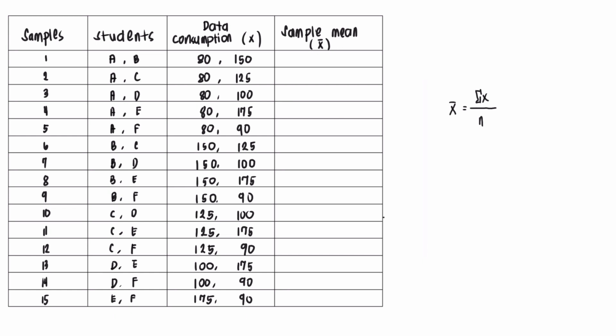For the first row, we have 80 plus 150 over 2. So it is equal to 230 over 2, which is 115. This is the sample mean of the first row. Now, let's do the same process to solve the remaining rows.